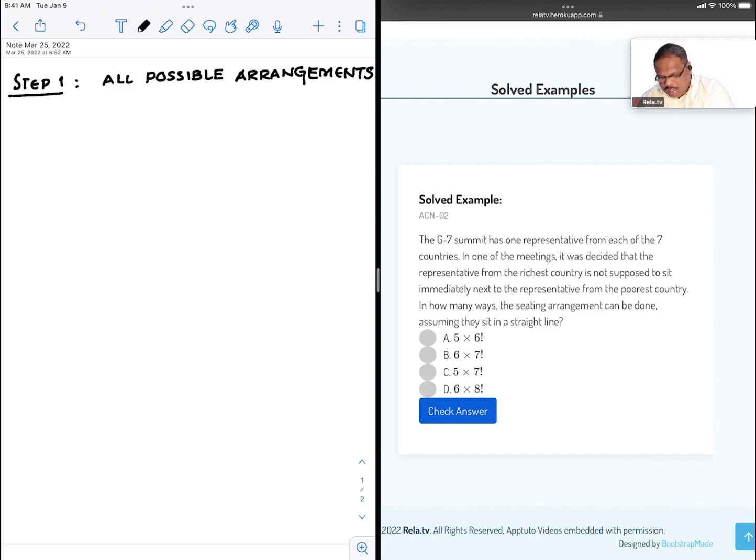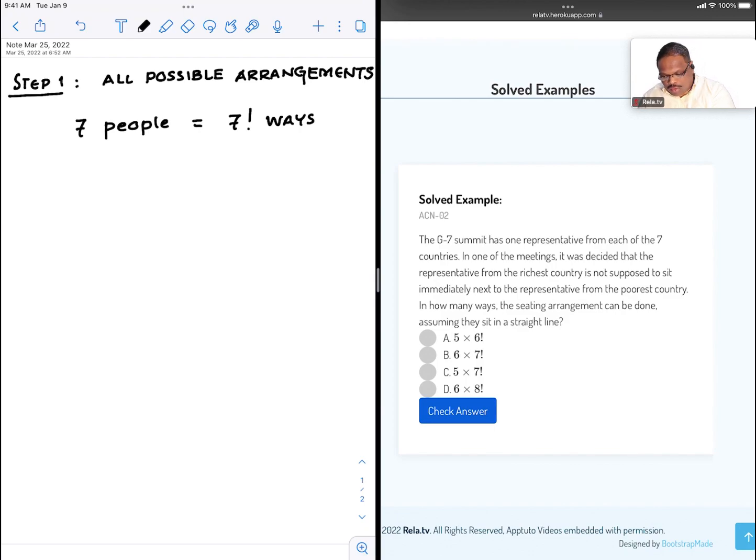Since 7 people can be arranged among themselves without any restriction in 7 factorial ways, because we are taking all people from that particular set, and the order is important, that gives rise to permutations.